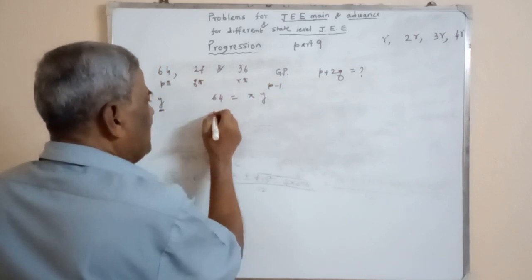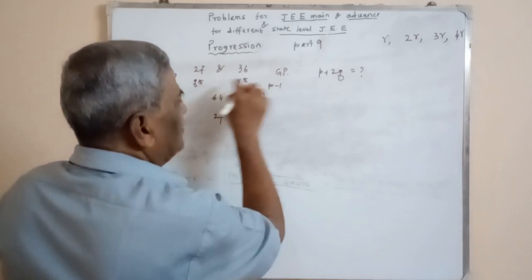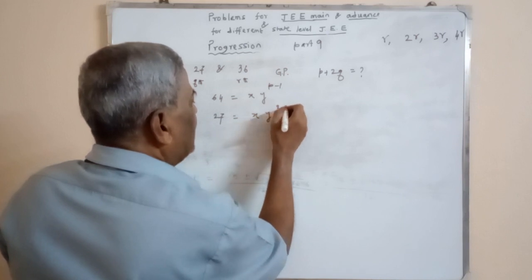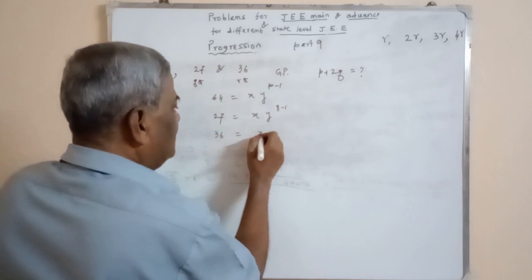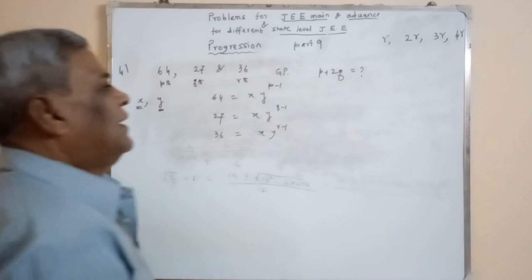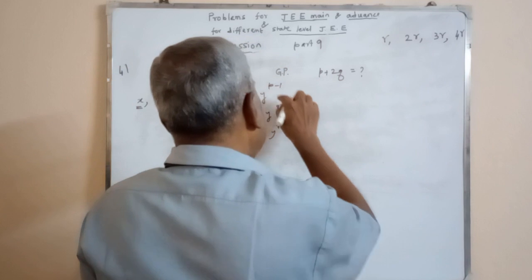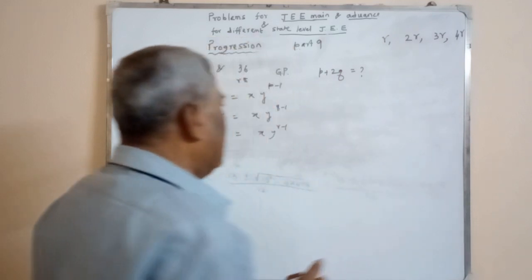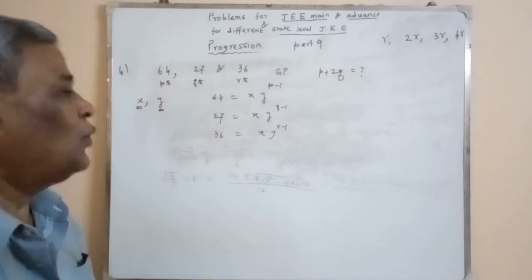Similarly, 27 is equal to its qth term, x into y to the power q minus 1, and 36 is the rth term. To calculate p plus 2q, that is these powers, and it must be in terms of r only, somehow we have to eliminate x and y.